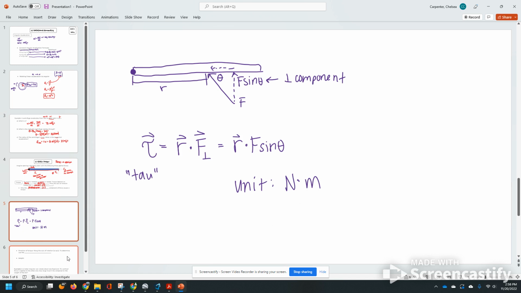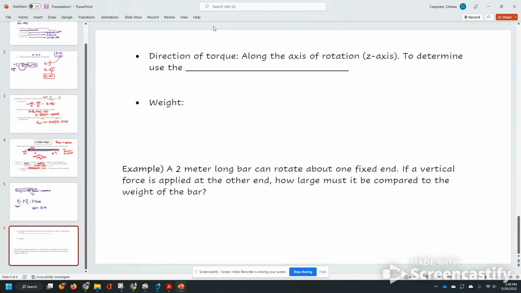So let's talk about the direction. The direction of torque is along the axis of rotation. So again, if we think about a disc rotating, I'm going to look at it from the side here. So let's say we're rotating in this direction. This axis is going to be the direction of torque.